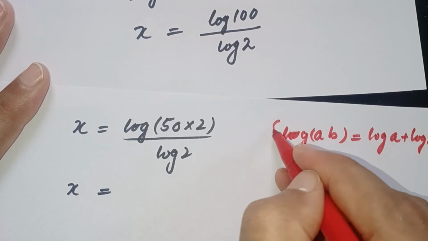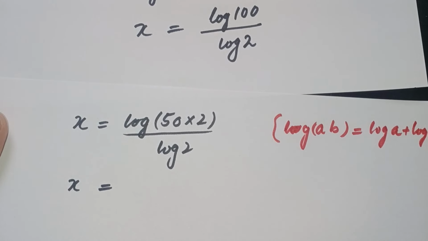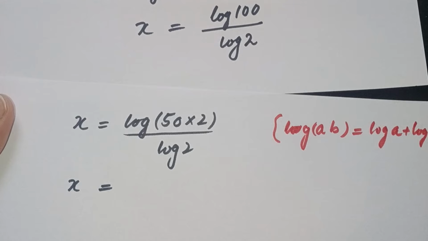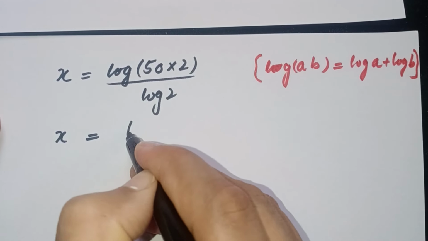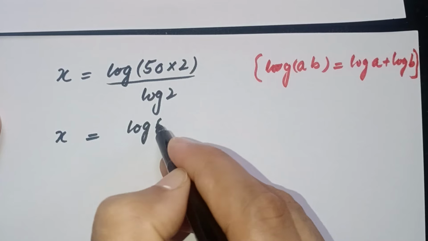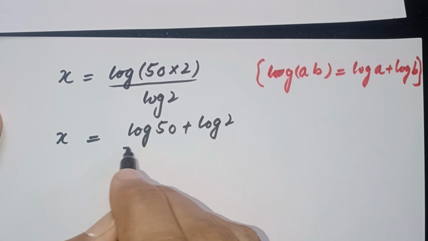So in this step we will use this property and write log 50 plus log 2 over log 2.